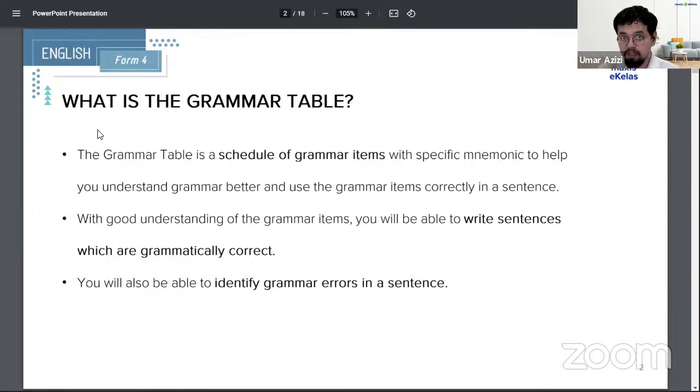This is specifically for word structure. With a good understanding of grammar items comes the ability to write sentences which are grammatically correct. You will also be able to identify grammar errors in a sentence by using this grammar table.